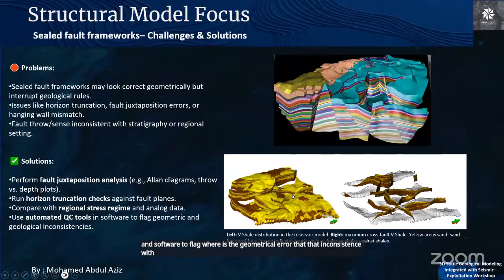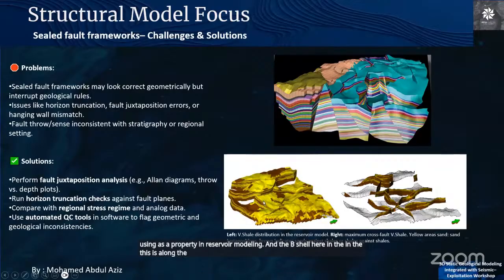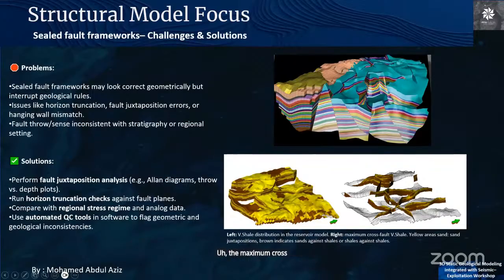In such examples, you have V-shale distribution, V-shale derived from petrophysics and used as a property in reservoir modeling. Here the V-shale is along the faults, on the upthrown and downthrown sides, and right here is the maximum cross-fault V-shale.